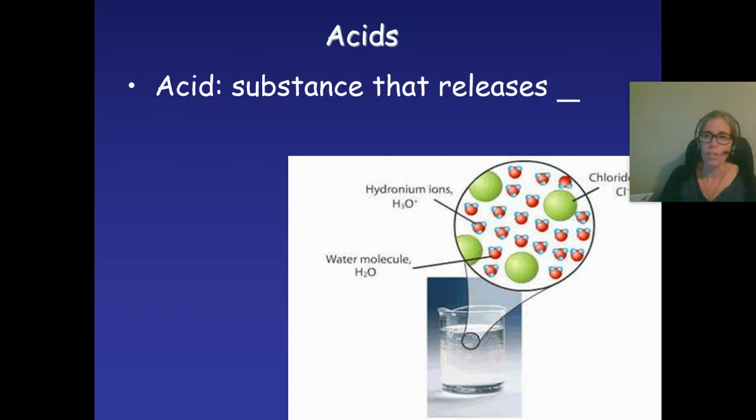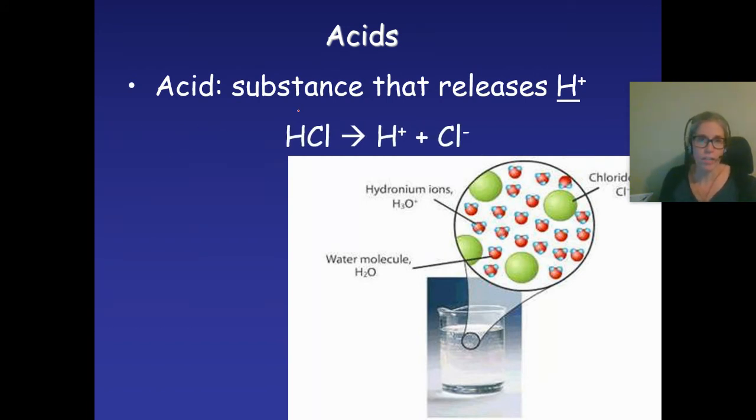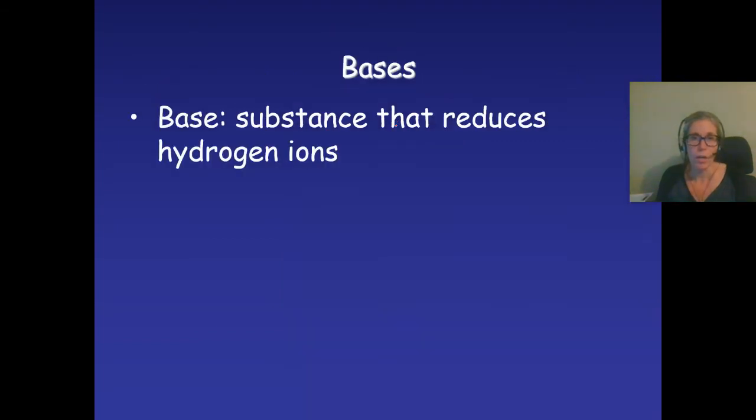Okay, so definition of acids. Acids are any substances that release hydrogen ions when they're in water. So this is hydrochloric acid, but I wouldn't expect you to know that necessarily. But if I show you the whole reaction, you can see that the hydrogen ion is released right here. And so therefore, I would want you to know that this thing must be an acid. A base is going to be anything that reduces hydrogen ions.